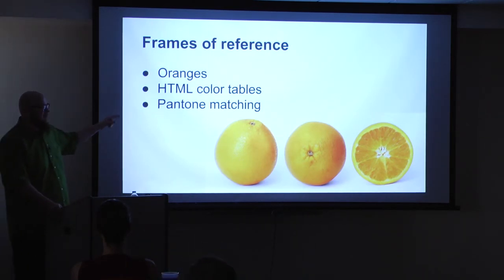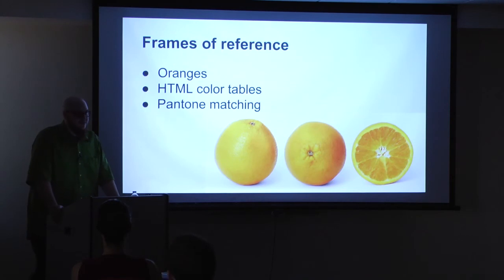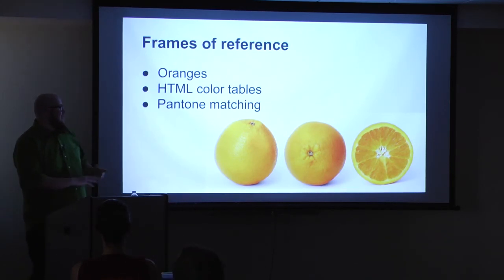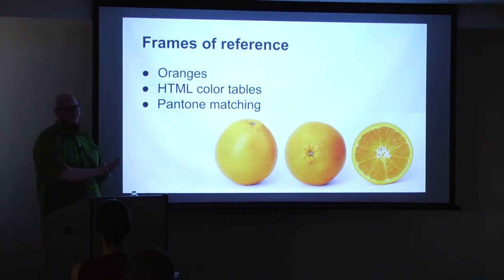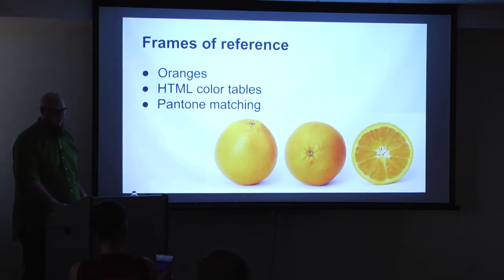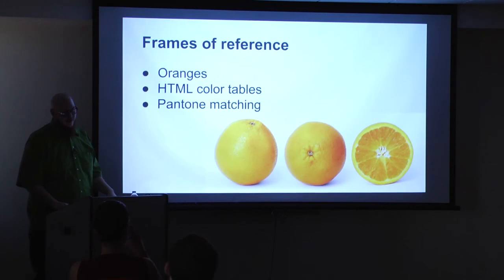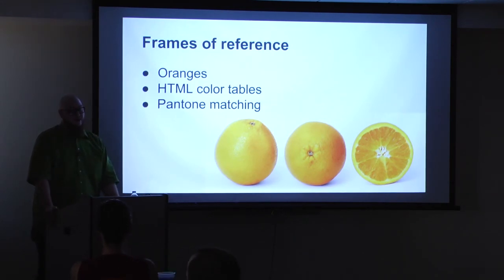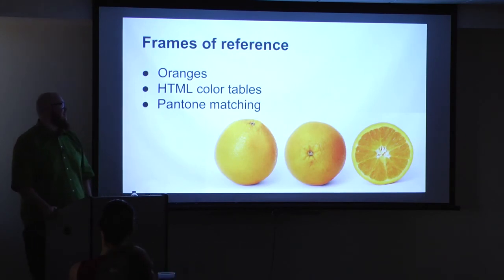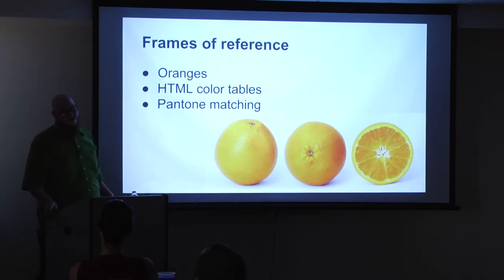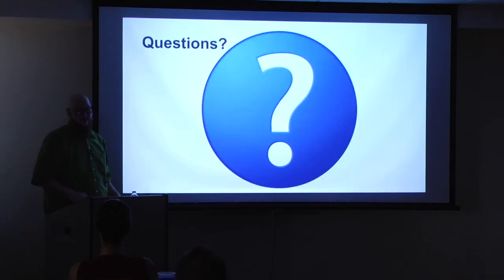HTML color tables are quite awesome because I can just type in a number and then I know what color I'm getting. Same thing with Pantone matching. It's just a way to match a number to a color, which I've done in art before, painting. If I want a certain color, even though it might be interesting if I pick it out from a color picker, I can pick a number and actually get exactly what color I want.